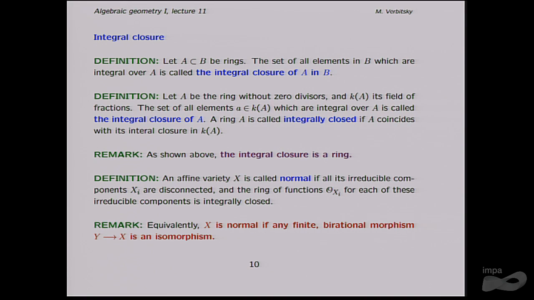Definition. So suppose you have a ring A with no zero divisors.